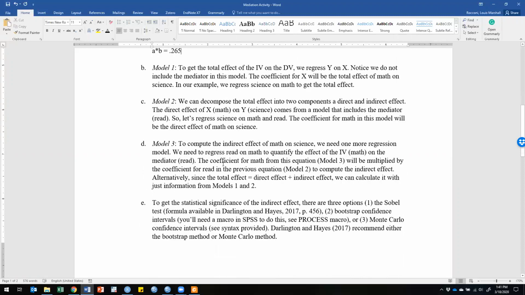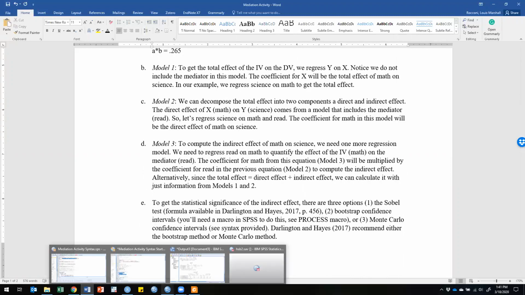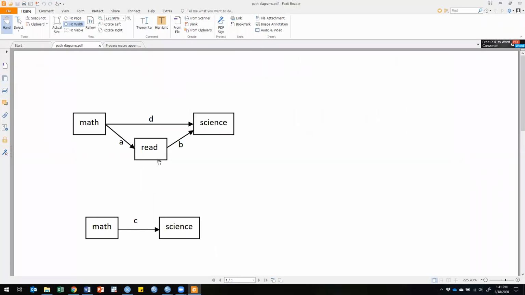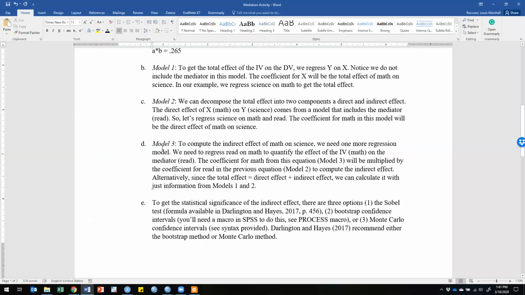We could also calculate our indirect effect by running this regression model, by regressing reading scores on math achievement and calculating this coefficient. That's what I'm asking you to do in model 3. To compute the indirect effect, we can run one more regression model, this time quantifying the effect of our independent variable on our mediator.